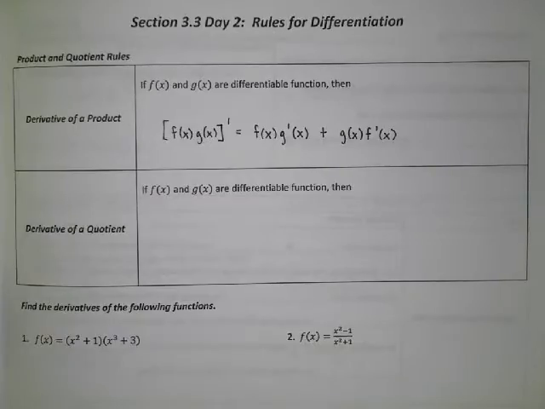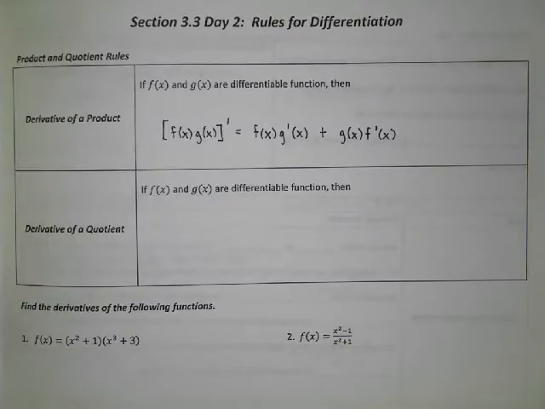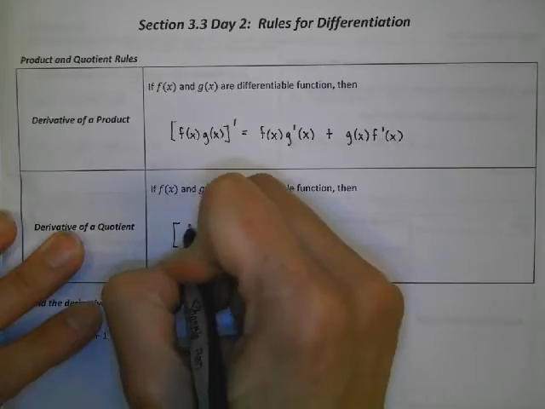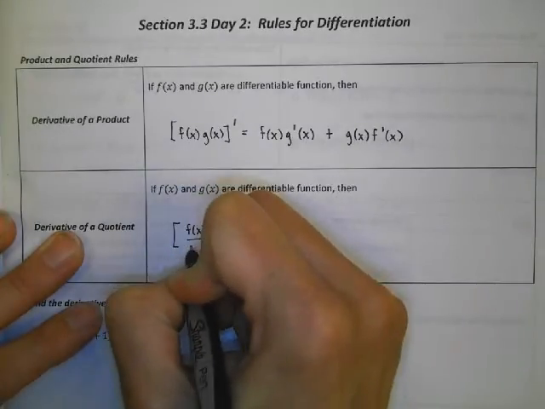The next rule we have is the derivative of a quotient. Again, our setup is we have two differentiable functions, f of x and g of x, and now we want to find the derivative of their quotient.